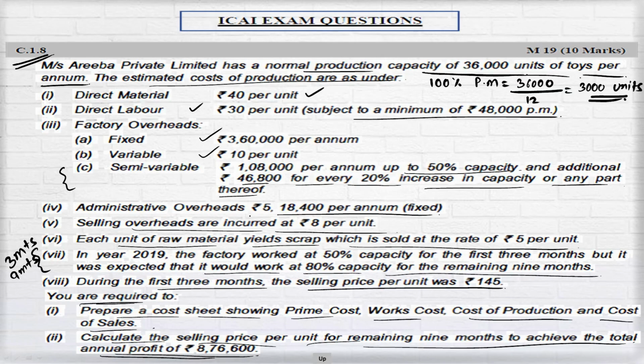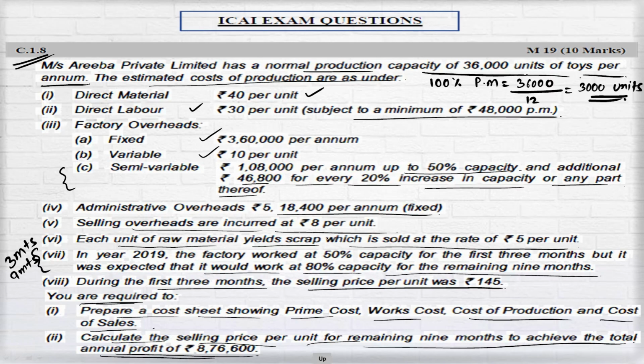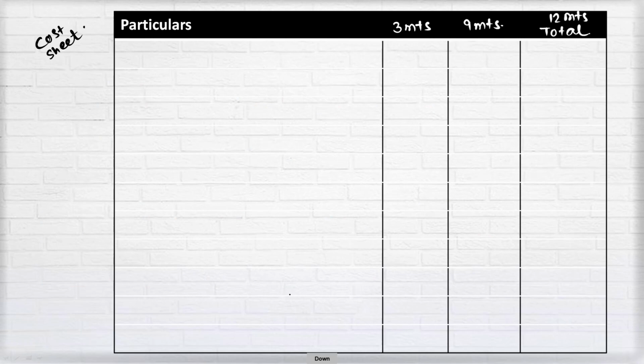First 3 months, you are working at 50% capacity. So how much units you will be manufacturing and selling? If you are working at 50% capacity, how much units you will be manufacturing and selling? Per month, 100% capacity is 3,000. You are working at 50% capacity, that is 1,500 per month. And we are talking about 3 months.